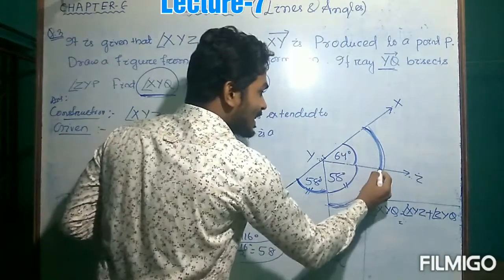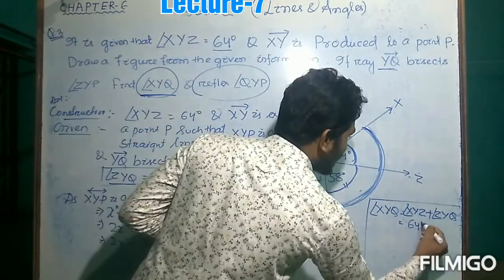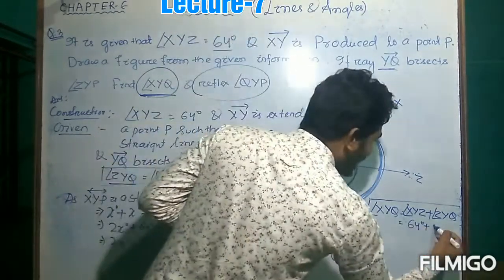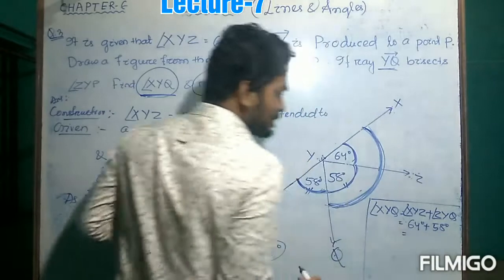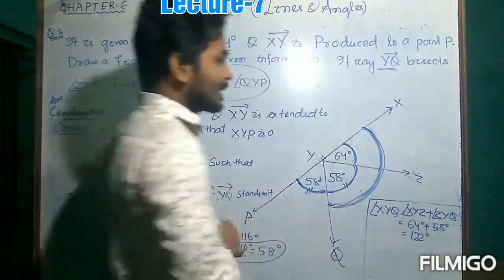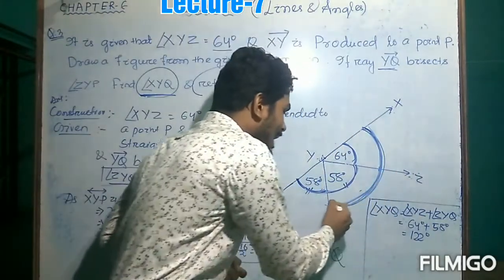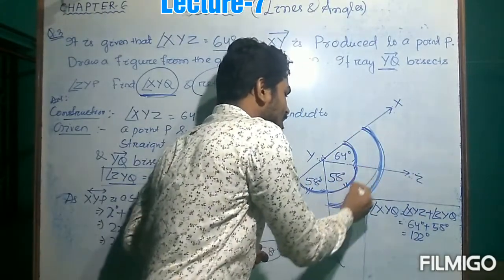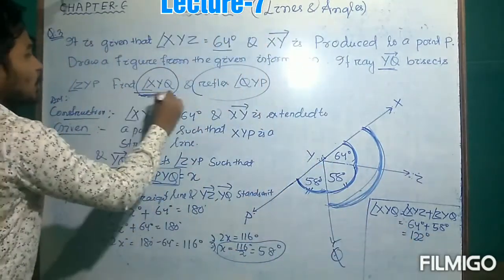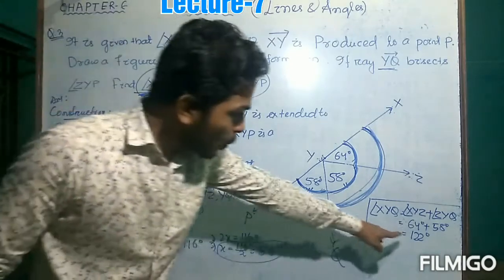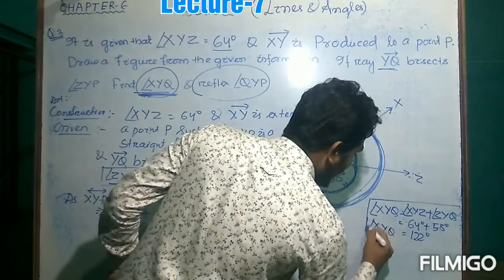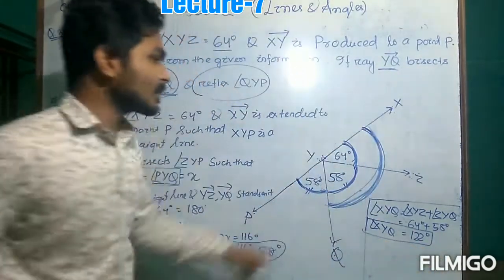As you know, angle XYZ is equal to 64 degrees and angle ZYQ is equal to 58 degrees. So add them: 6 5 11, 122 degrees. Hence the total angle XYQ is equal to 122 degrees. Our first target has been completed. We found the total angle.